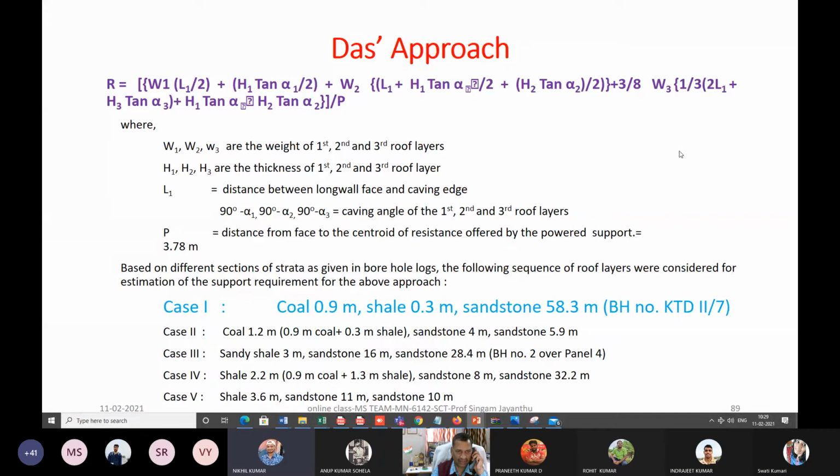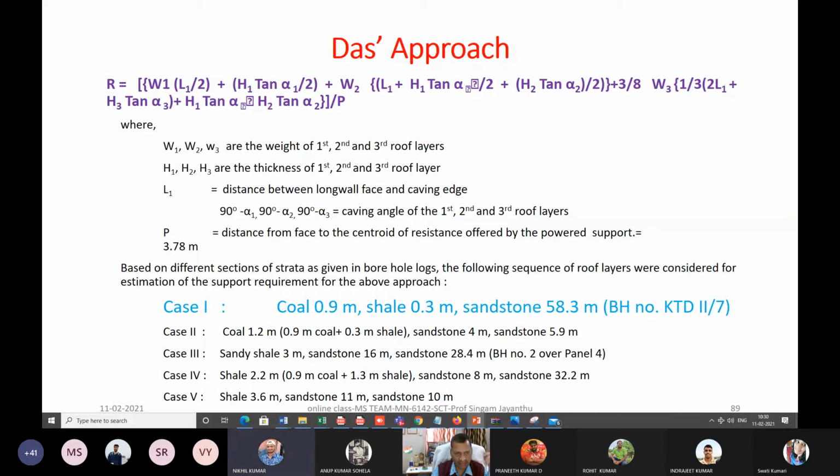P is the distance from the centroid of resistance offered by the powered support, which is 3.78 meters. Based on different sections of strata, as given in borehole logs, the following sequence of roof layers were considered for estimation of the support requirement for the above approach.